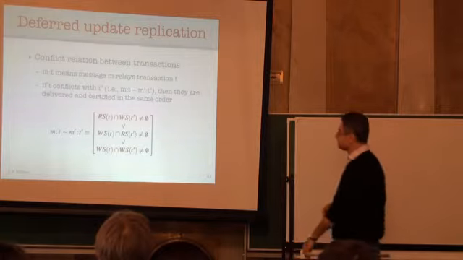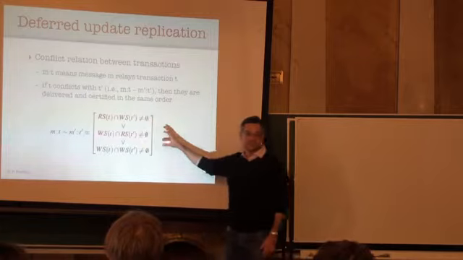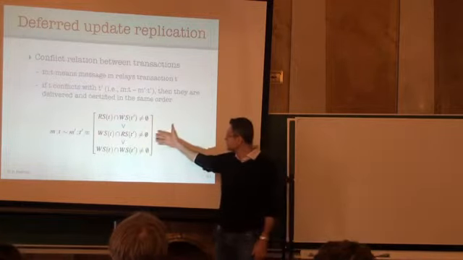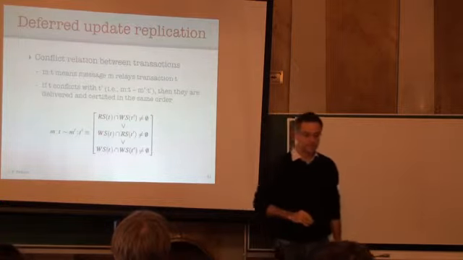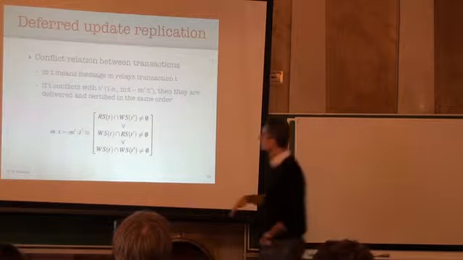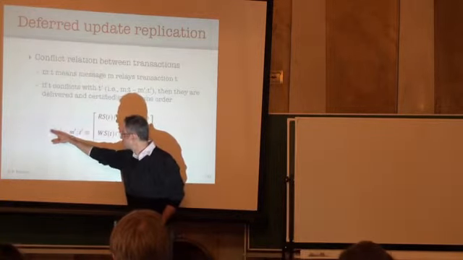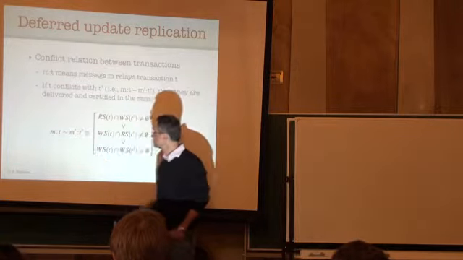But I can actually capture my order relationship by looking at the read sets and the write sets of my transactions. What this says is, two messages M and M prime conflict if the transactions that they carry conflict. Here I'm saying that message M is carrying transaction T and message M prime is carrying transaction T prime.